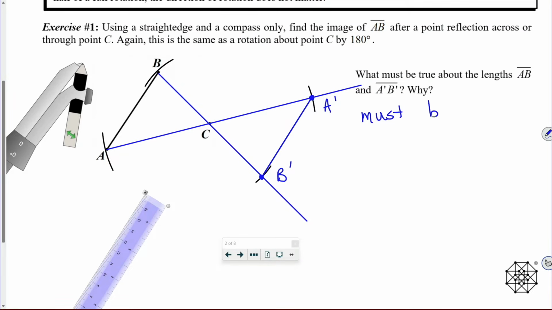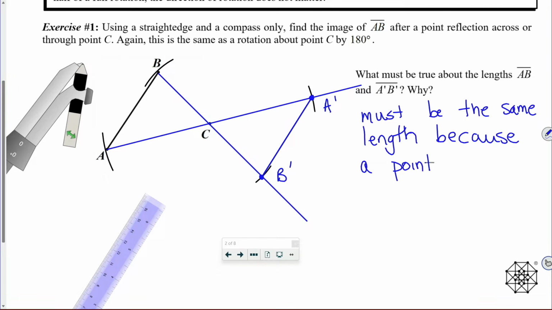Must be the same length, because a point reflection is a rigid motion.